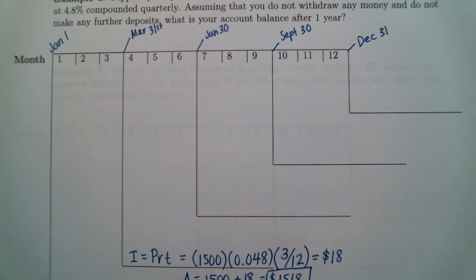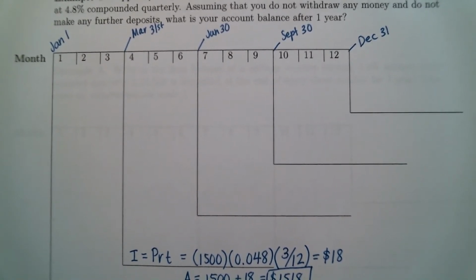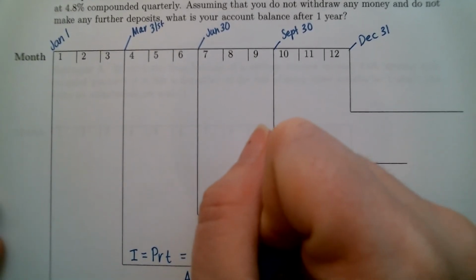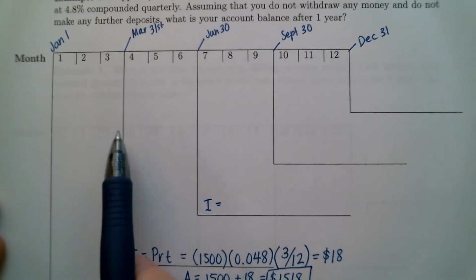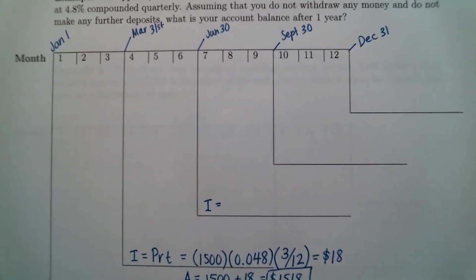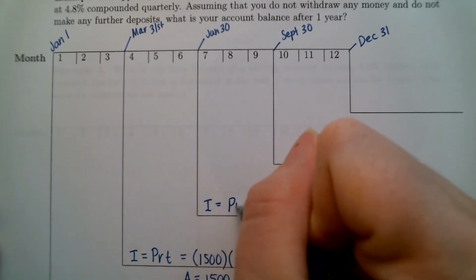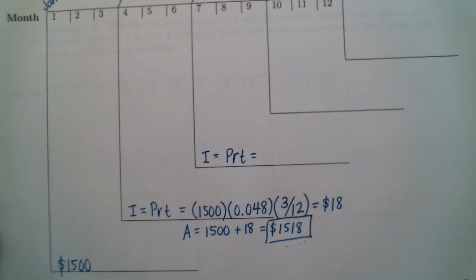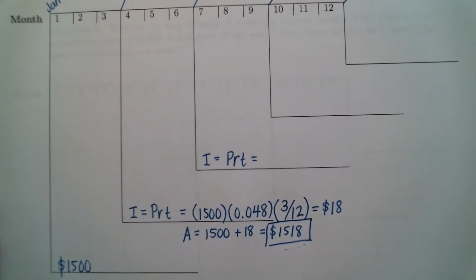And then we reach the end of June, and that is when you're going to get your second interest payment. So again, to calculate the amount of interest you've earned in the second quarter over April, May, and June, you're going to do I equals PRT. Your principal is how much money you had in the account during the second quarter.